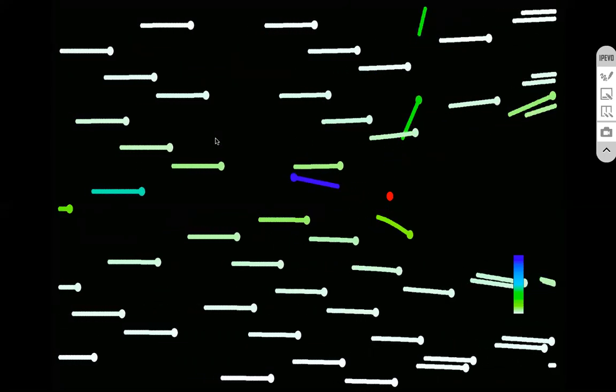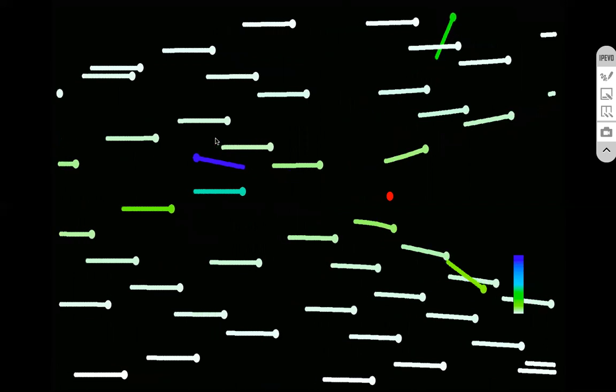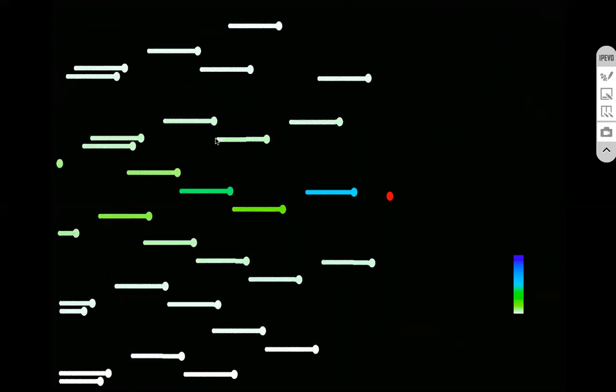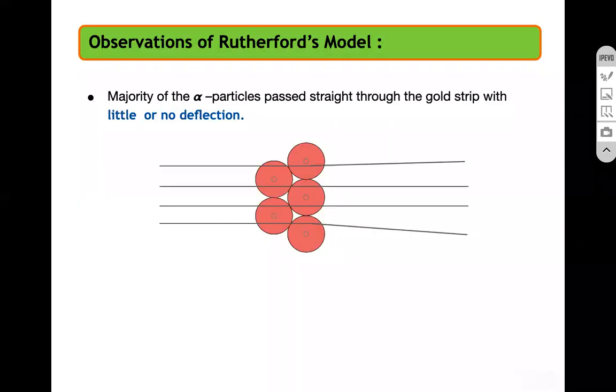This red particle is the particle through which rays are deflecting back to some angle, okay, like that. So the majority of alpha particles pass straight through the gold strip with little or no deflection. This is one of the observations of the Rutherford experiment. Understood? Most of the rays passed undeflected.